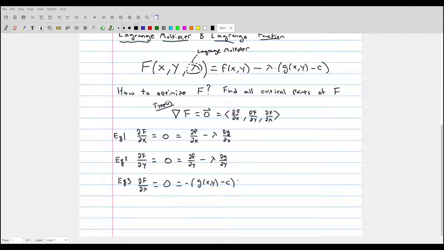And what that means for us, we will take a look at equation 3 first. Equation 3 being satisfied means that at any local minimum of the Lagrange function, if g(x,y) minus c has to be equal to 0, then g(x,y) has to be equal to c, which means that the constraint is satisfied.